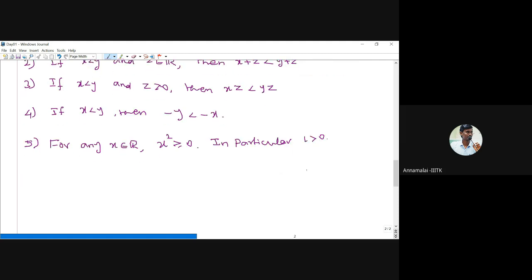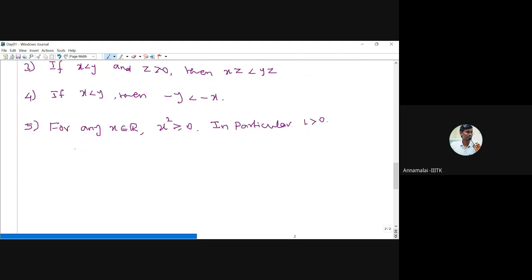The next order property: if x is positive and y is positive, then the product xy is positive.